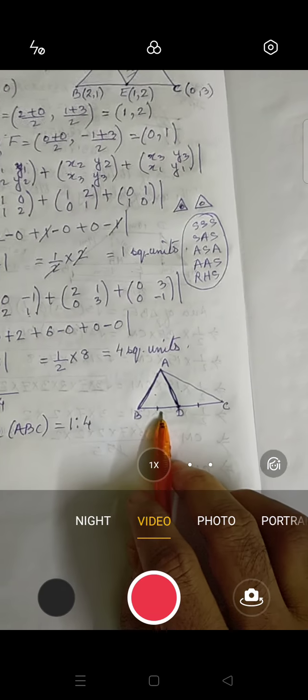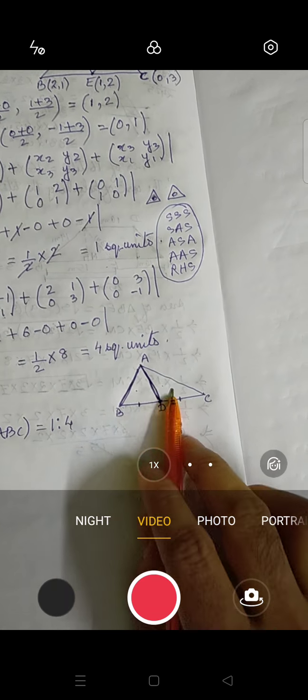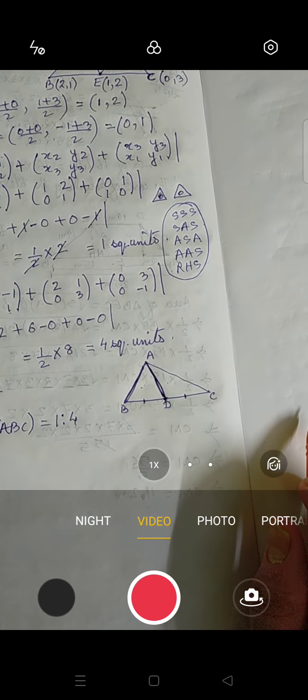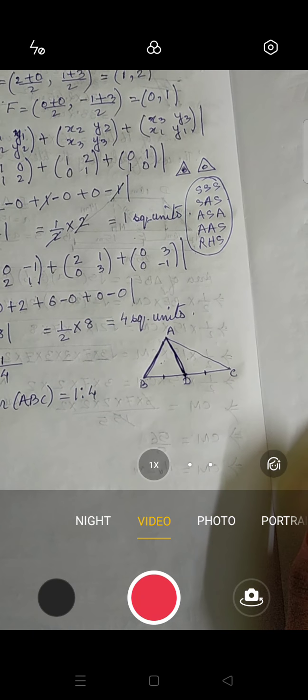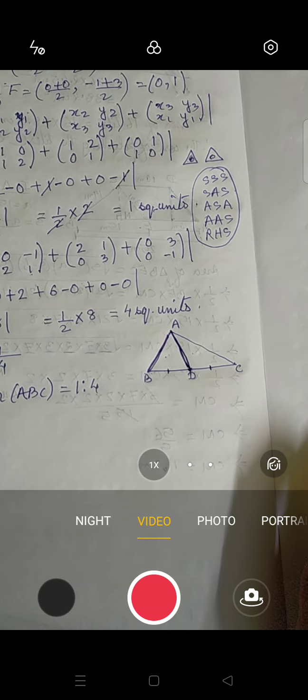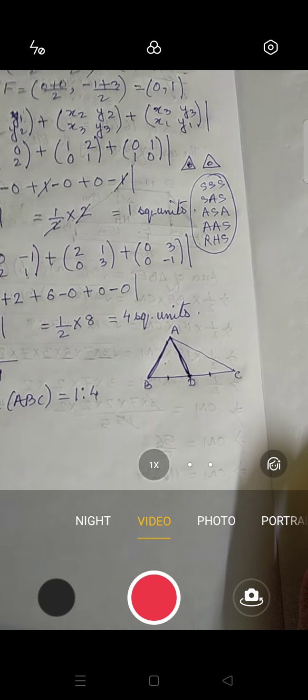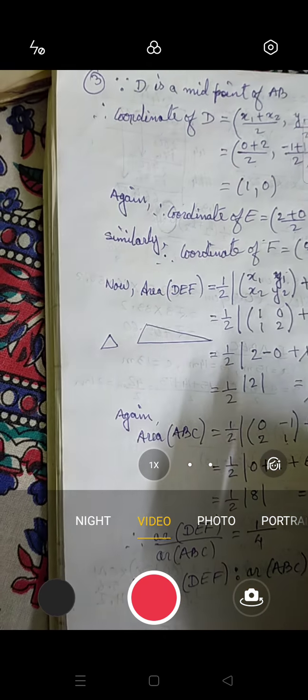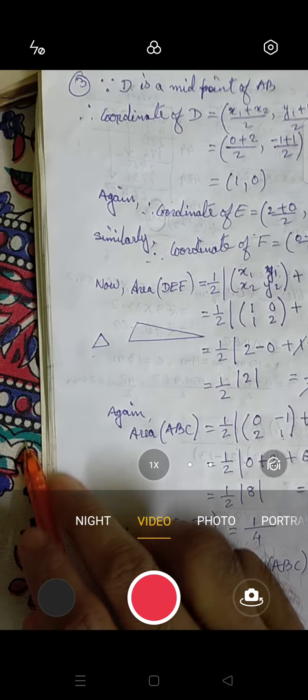But in this case, can we prove that these two are congruent? Not possible. We can't say all the triangles are congruent. Can I say that this triangle and this triangle are congruent?